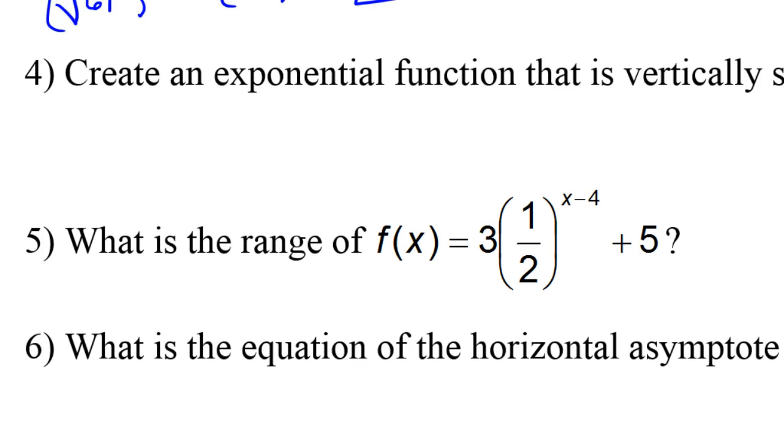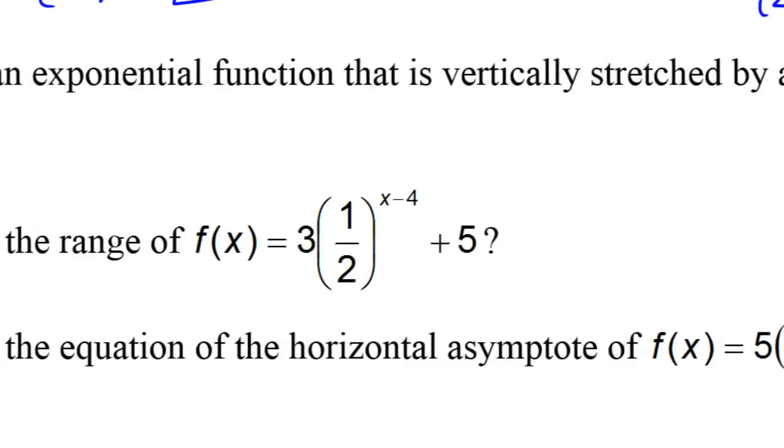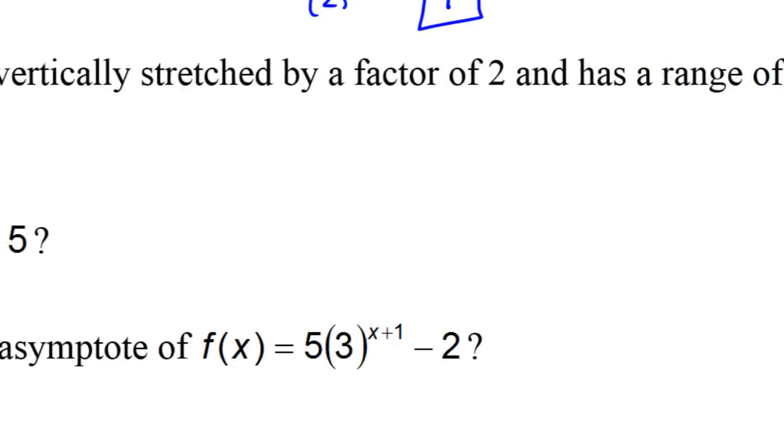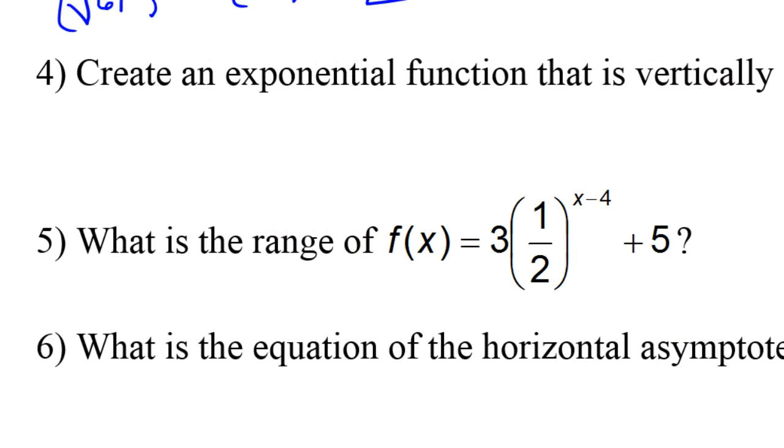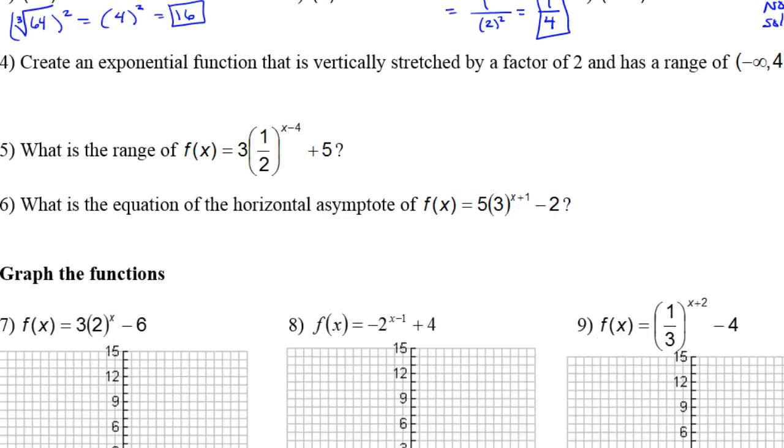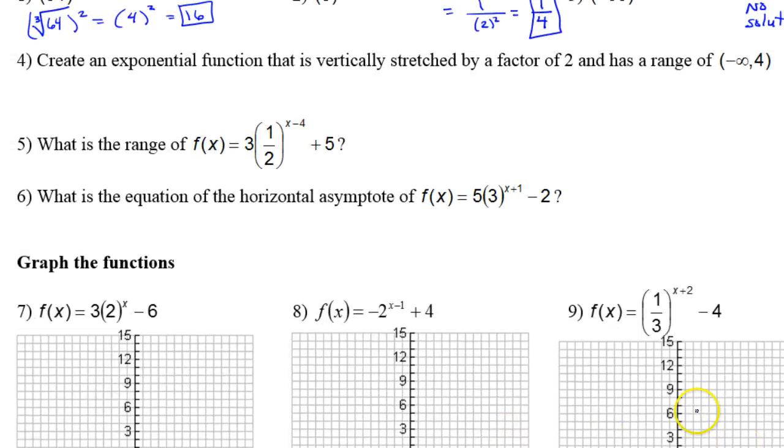Now look at number 4. I better zoom out a little so we can read all this stuff. It says create an exponential function that is vertically stretched by a factor of 2 and has a range of negative infinity to 4.